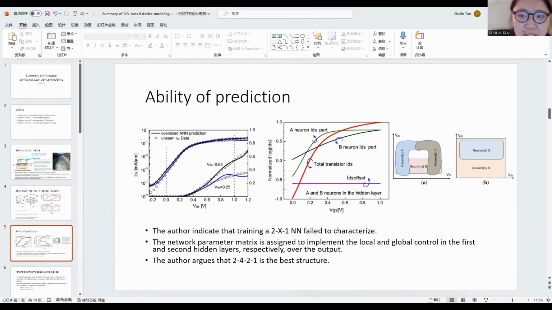Why they argue that is probably that, for example, if you look at the tanh function, one of the typical functions, in some areas tanh changes rapidly, and in some areas it changes slowly, right?